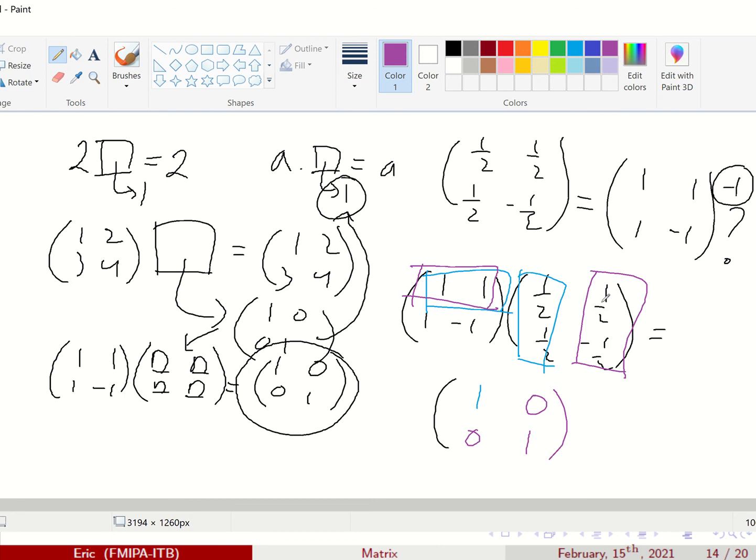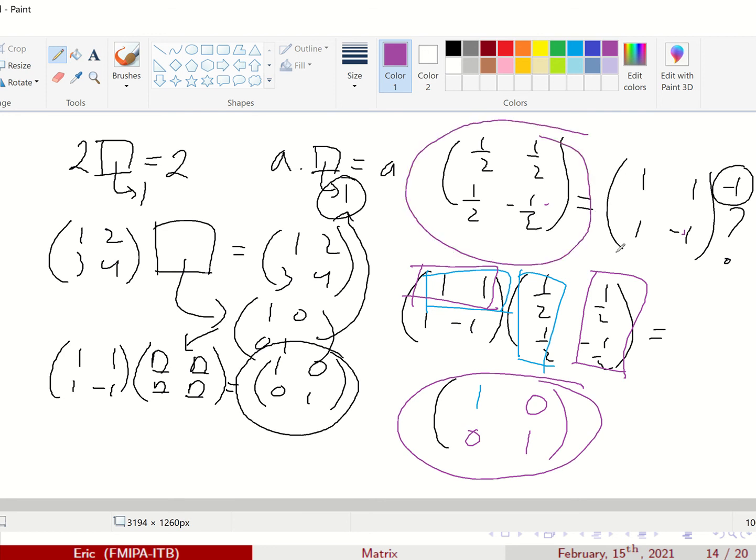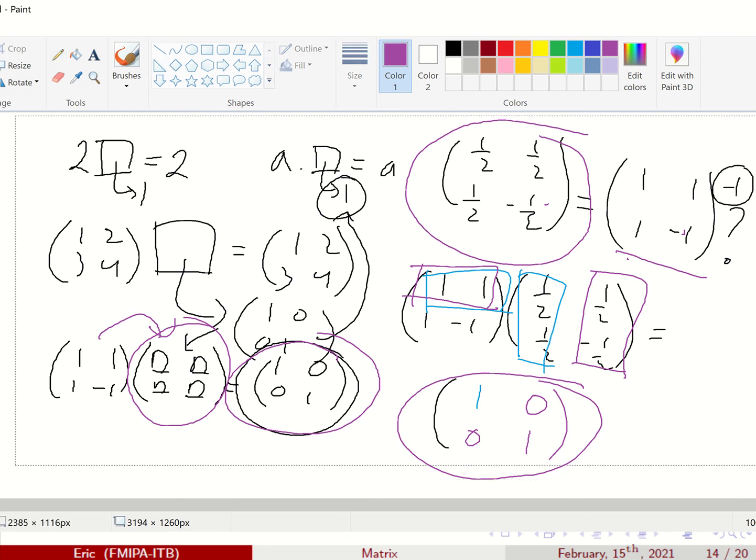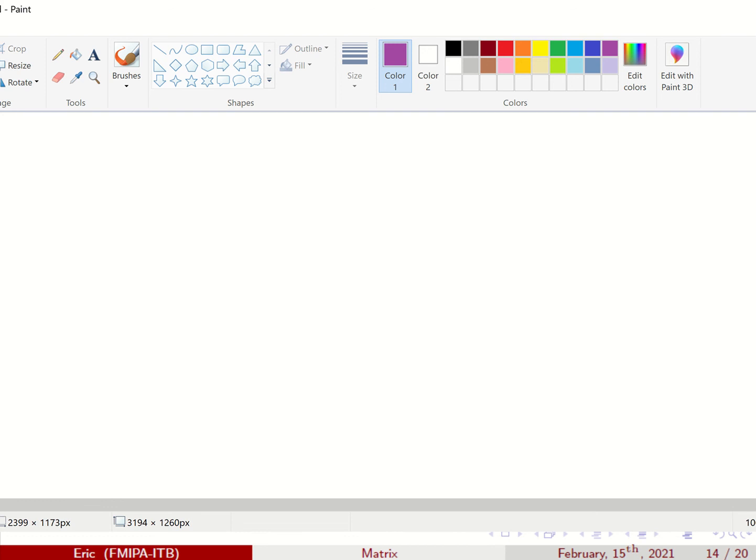So when you multiply this with this, you have the identity matrix. It means this is the inverse of [1 1; 1 -1]. That is what we usually mean by the inverse of a matrix: we want to find a matrix such that if this is multiplied by that matrix, it will become the identity matrix.